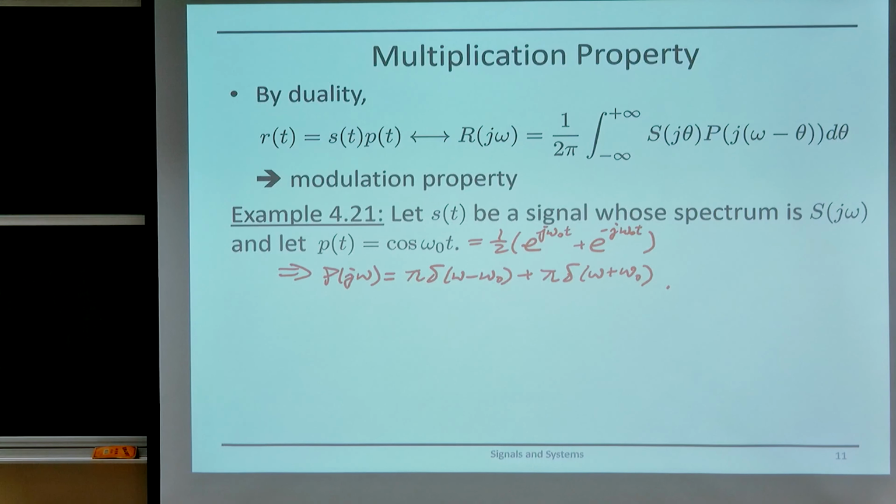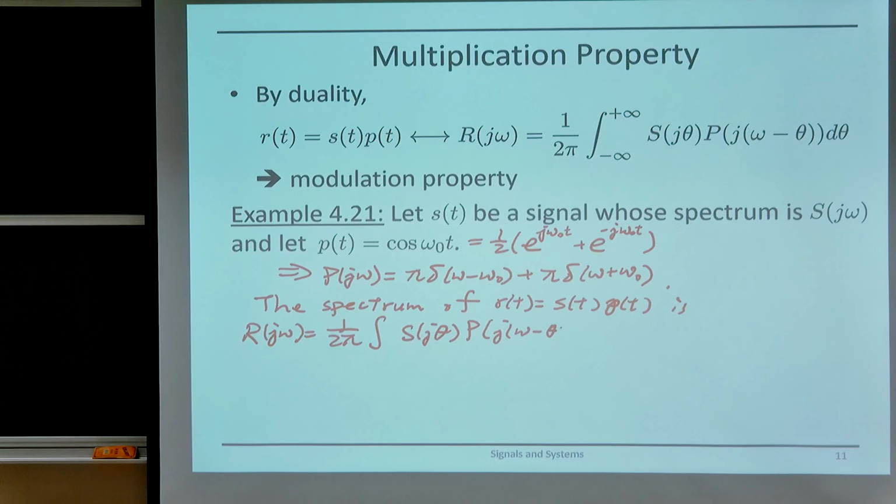So then what is the spectrum of r of t? The spectrum of r of t, equal to s of t times p of t, is this R of j omega that is equal to 1/2 pi times the integral of S of j theta and P of j(omega minus theta) d theta.